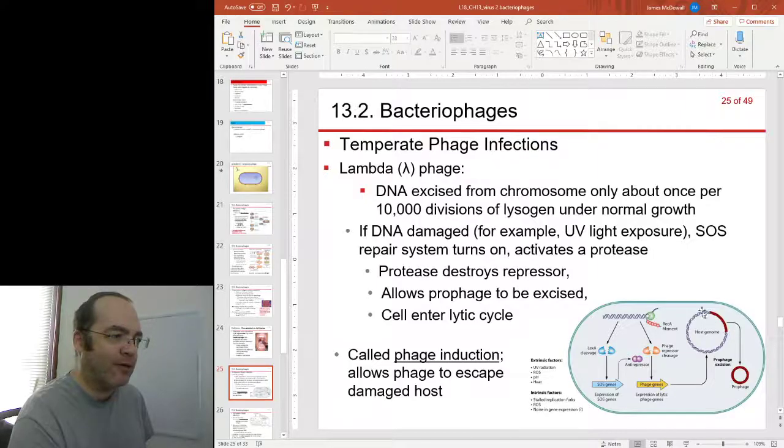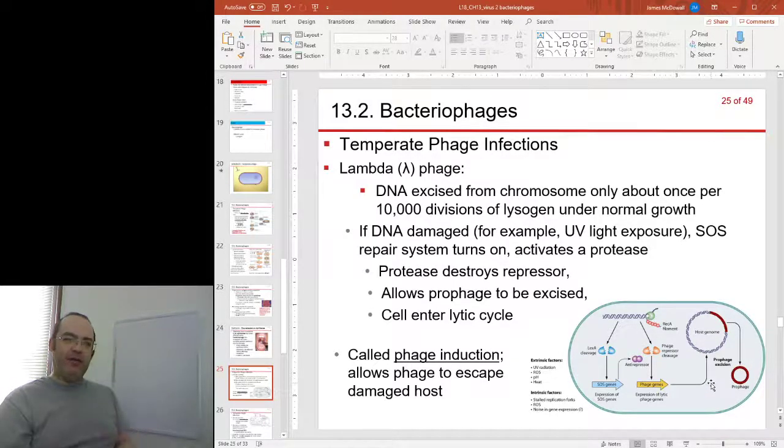So in order to get out of the host genome, the phage needs to be cut at either end so it can escape. And the enzymes that cut out the phage are made by the phage itself. But in addition to the snipping enzymes, the phage also makes a repressor that prevents the snipping enzyme from doing its job. So whilst the repressor is there, the phage remains inside the host because it can't be snipped out.